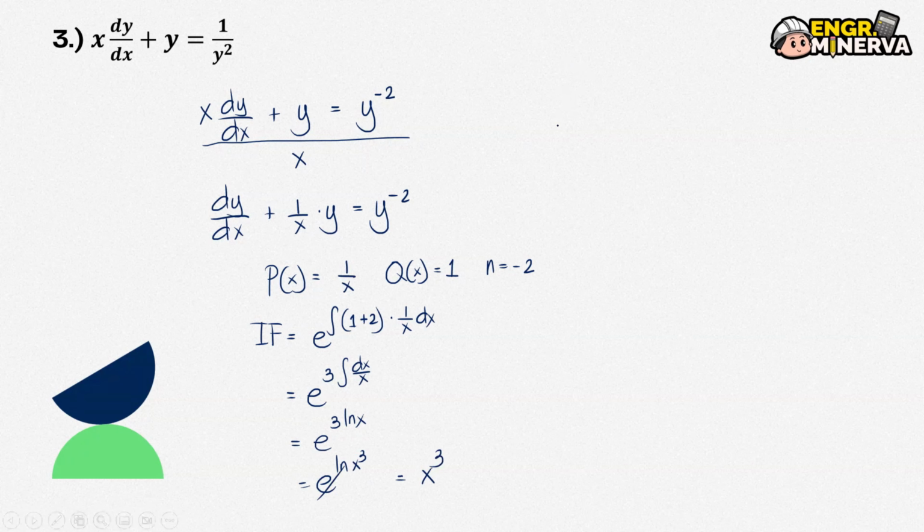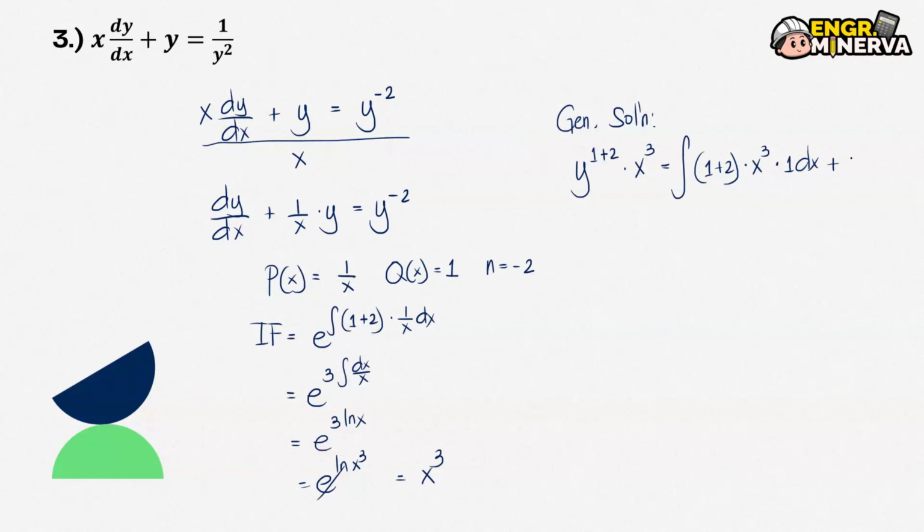Then we have our general solution. So that would be y raised to 1 minus n, or 1 plus 2, multiplied to our integrating factor equals integral of 1 plus 2 multiplied to our integrating factor multiplied to our q of x dx plus c.